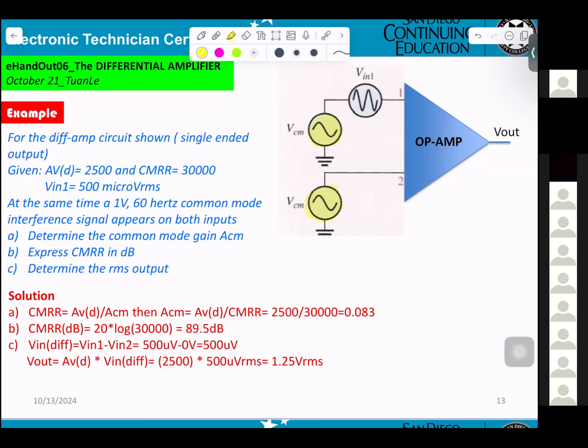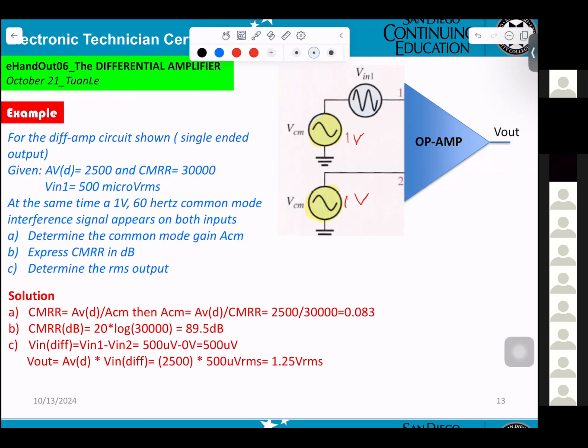Vin1 is 500 microvolts. At the same time, there is 1 volt here, 1 volt at 60 hertz, a common mode interference signal appearing on both inputs.